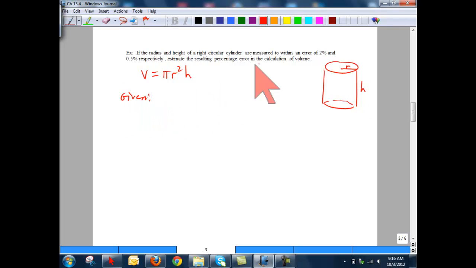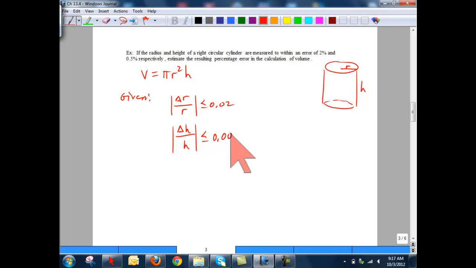And notice everything is given as a percentage here. So let's talk percentage. The change in the measurement of the radius, or the error in measurement of radius, let's call that delta r. And to convert it to a percentage or a proportion, I'll divide by r and take the magnitude. What we're given is that this is within 2%, or less than or equal to 0.02. We're also given a similar expression on the reliability or accuracy of our height measurement.